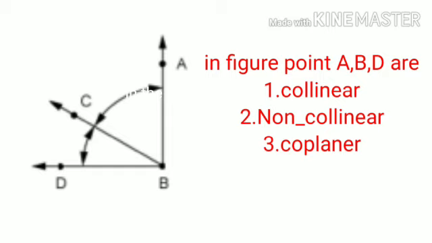Next, in the figure, points A, B, D, R. You can see in this figure points A, B, D. So you have to find out whether these points are collinear, non-collinear or coplanar. Next is, a straight path joining two points is called a line segment, point or a ray. Okay. Now the next is, how would you label AB? Is it a line segment, ray or angle?